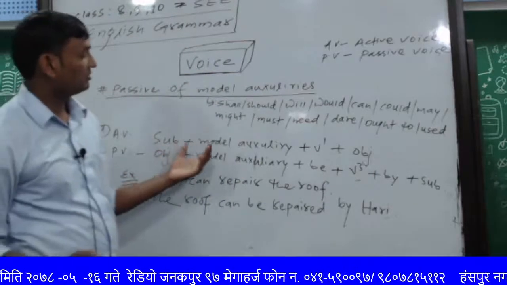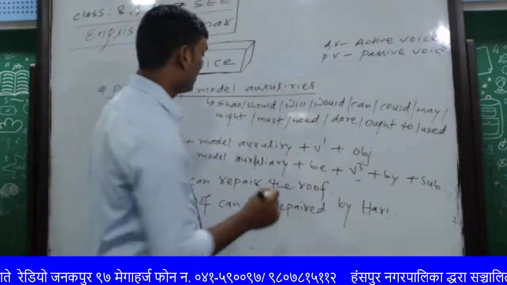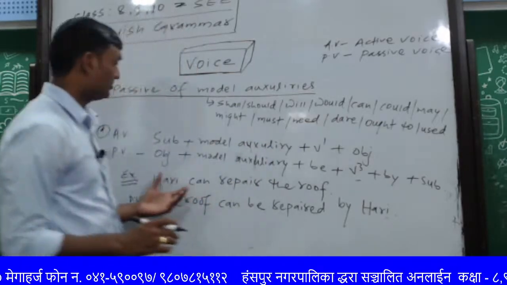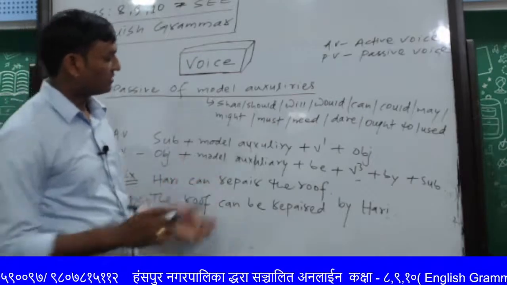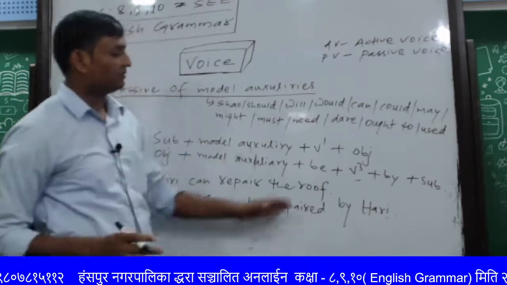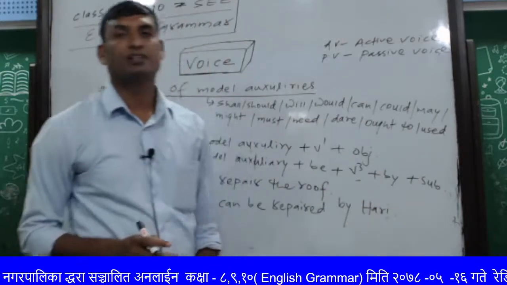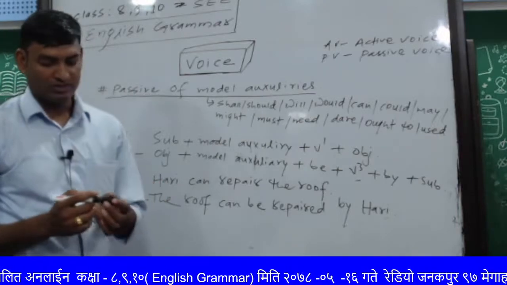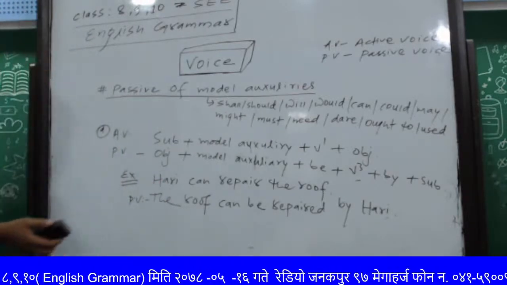When a subject has a modal auxiliary followed by V1, the passive is object, then modal auxiliary, then be, then V3, then by plus subject. In this way we can change active voice into passive voice.